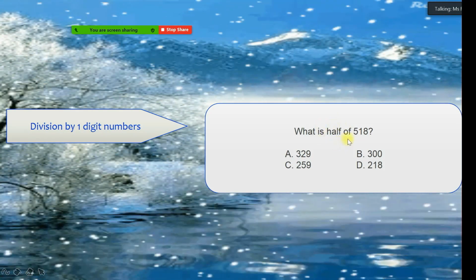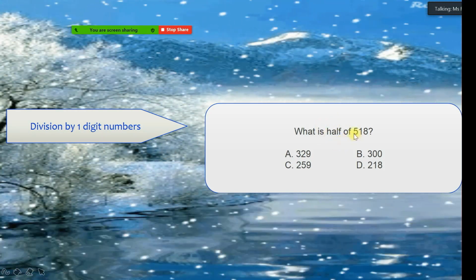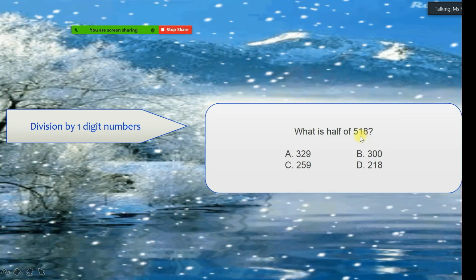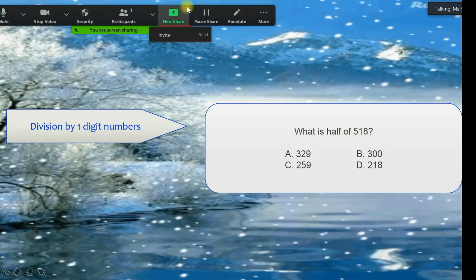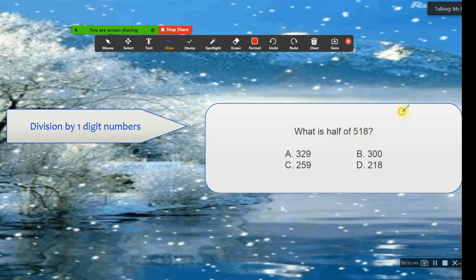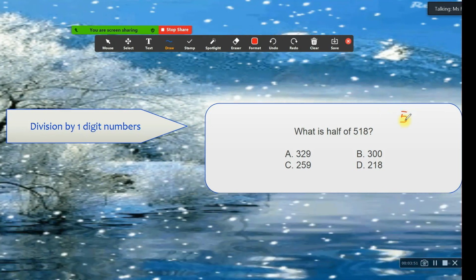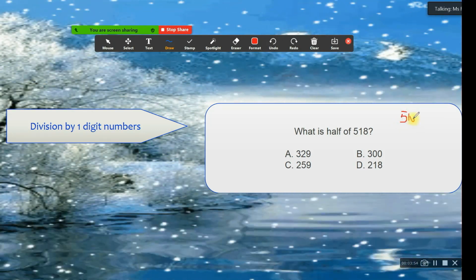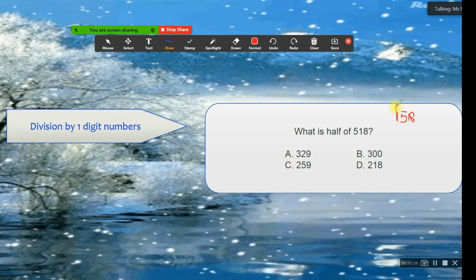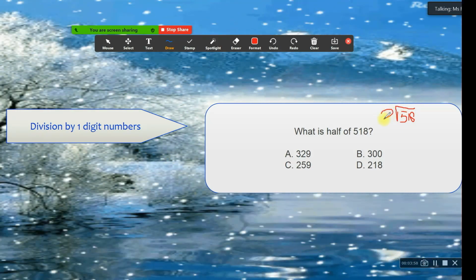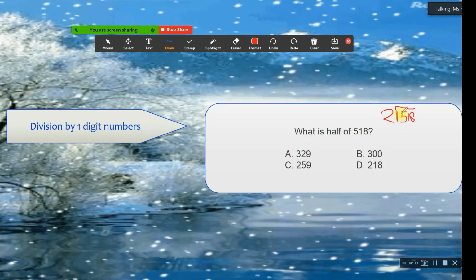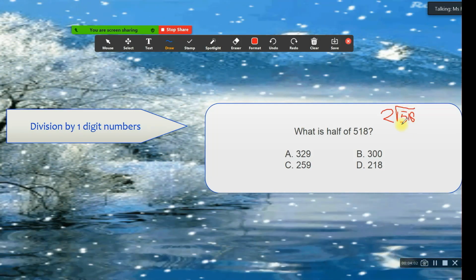Half is the same as dividing by 2, so we can divide 518 by 2. So we can look at 5 first.